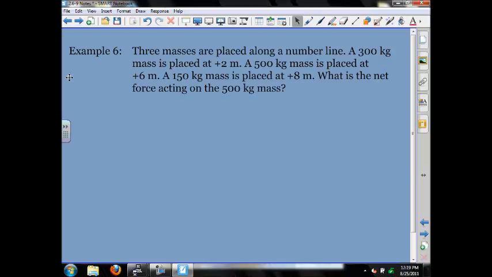We want the net force acting on the 500 kilogram mass. So at 2 meters, we have a 300 kilogram mass. We have another one out here at 6, and one here at 8. We're looking for the force acting on the 500 kilogram mass.